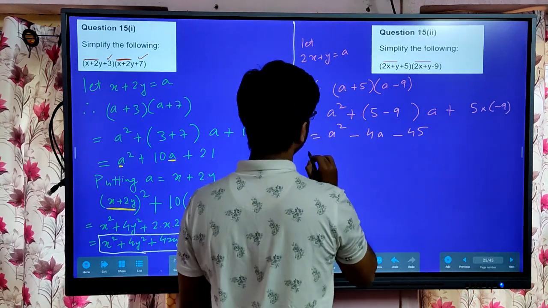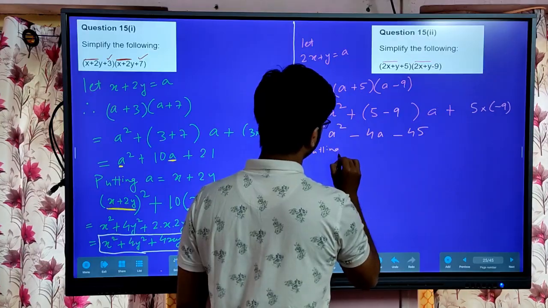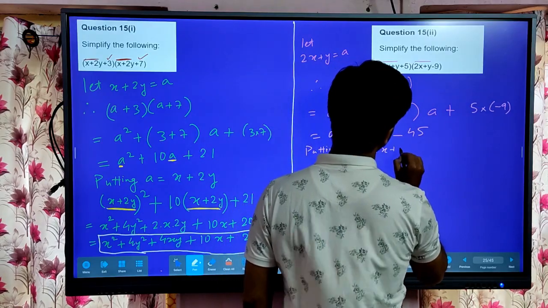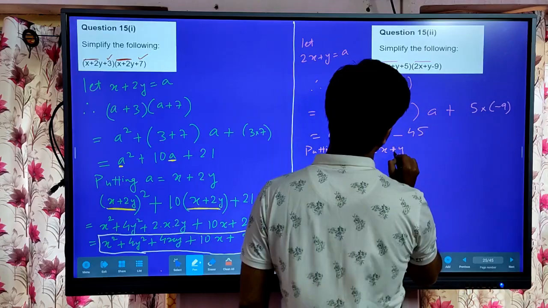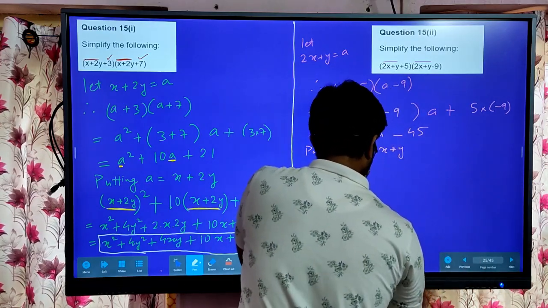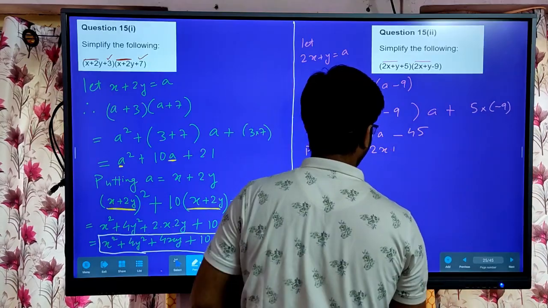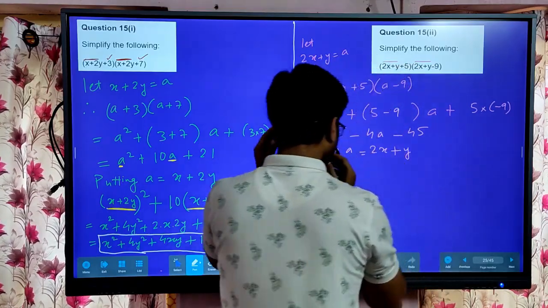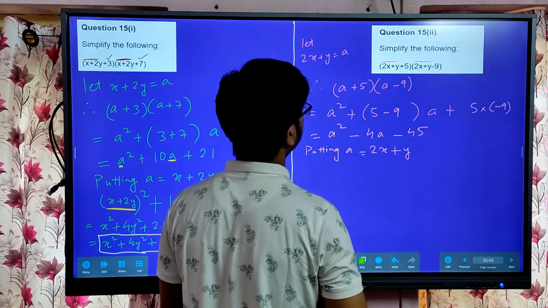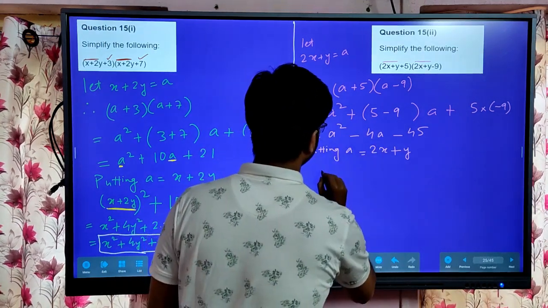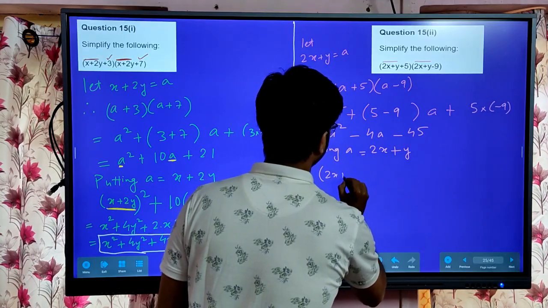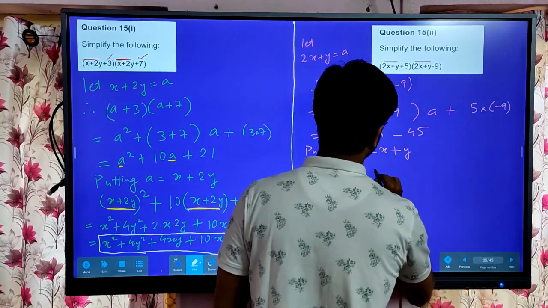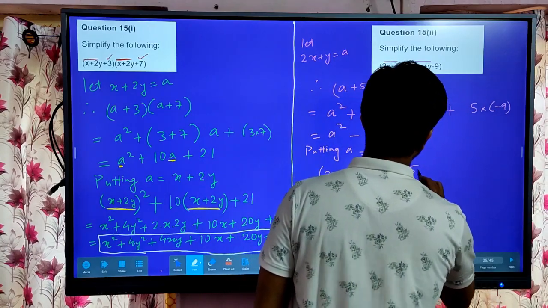Then putting a equal to 2x plus y, in place of a square, it will be 2x plus y whole square, minus 4a, minus 45.